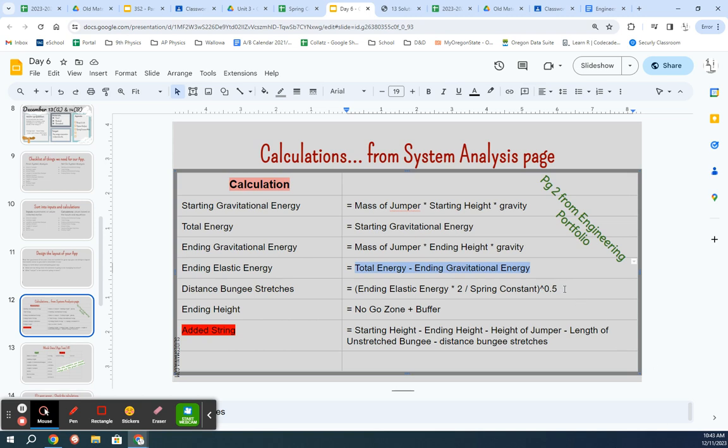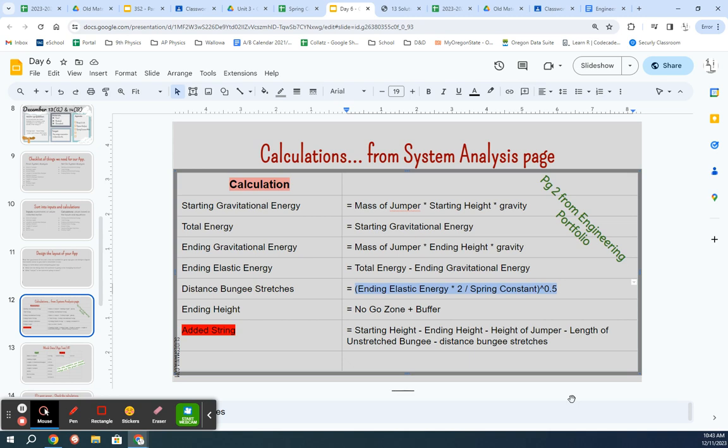To find the distance that the bungee stretches, this is just a rearranging of the equation that we were working on the other day, where we saw that elastic energy equals 1/2 kx squared. This time we want the x by itself. So we rearrange things and we get the ending elastic energy times 2 divided by the spring constant.